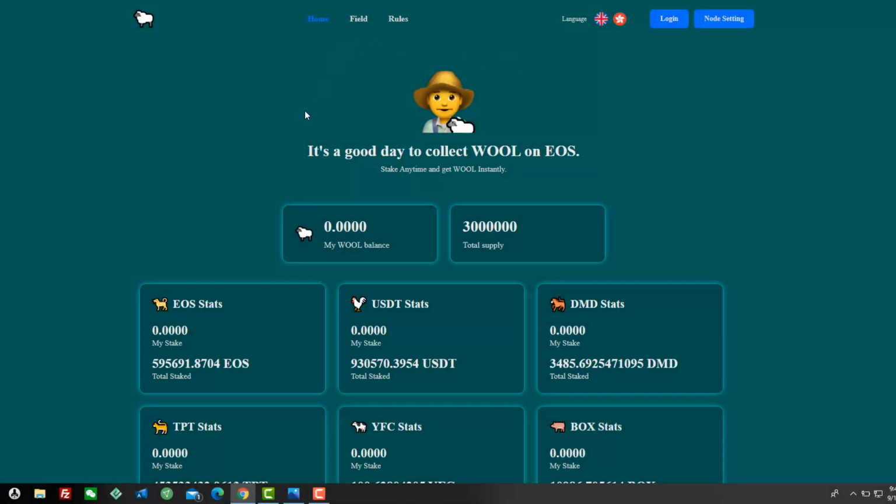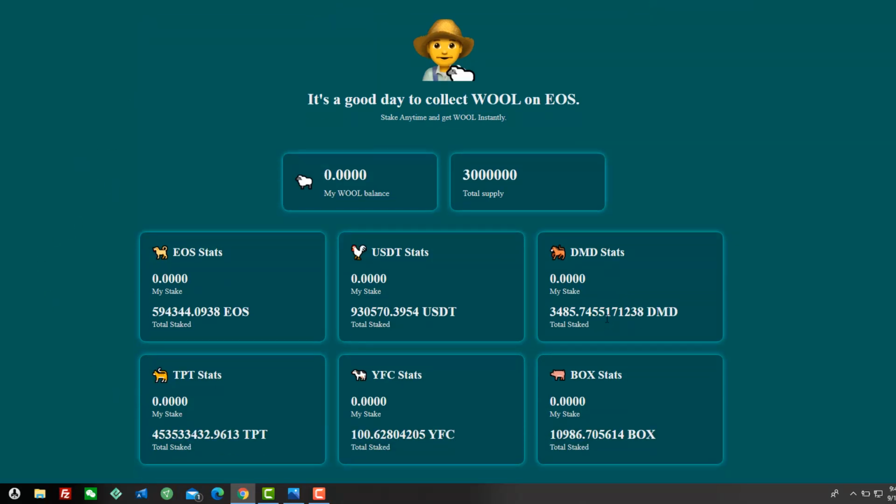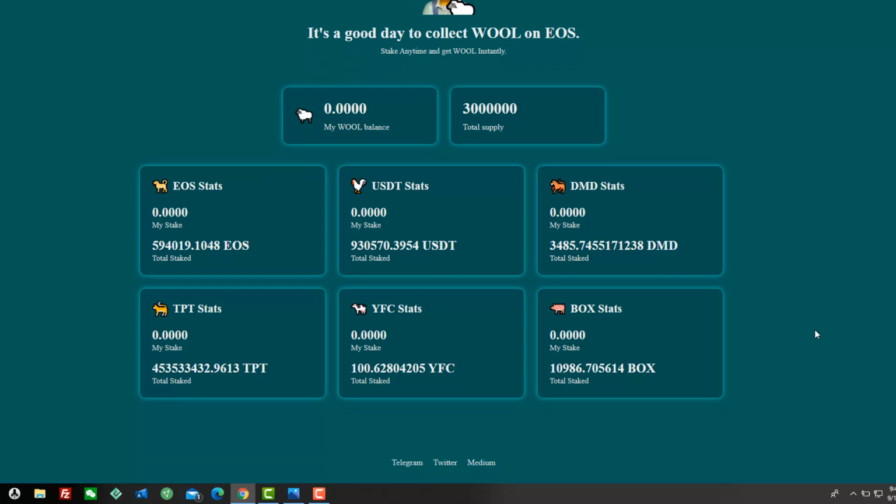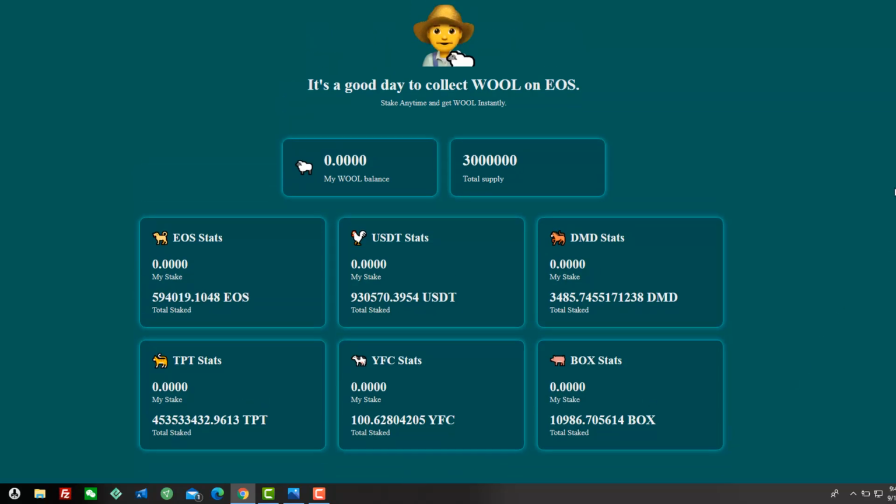This Wall one, Wall is an EOS project, and this is another one of the EOS yield farming projects. Again, I don't know. I haven't done EOS yield farming yet, so I can't really tell you too much about it. But this is the second one that I've seen so far, apart from DMD.